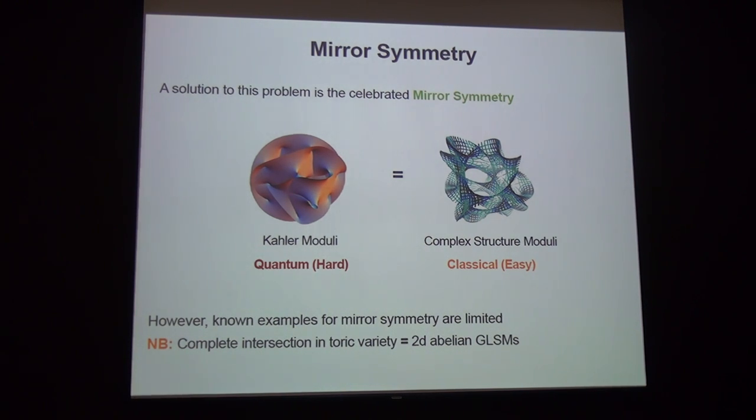And the question is whether or not we have a systematic method to construct these mirror descriptions for a given Calabi-Yau manifold. And the answer is yes, for some class of Calabi-Yau manifolds, which is known as the complete intersection in the toric varieties, and this method is known as the Hori-Vafa mirror map.